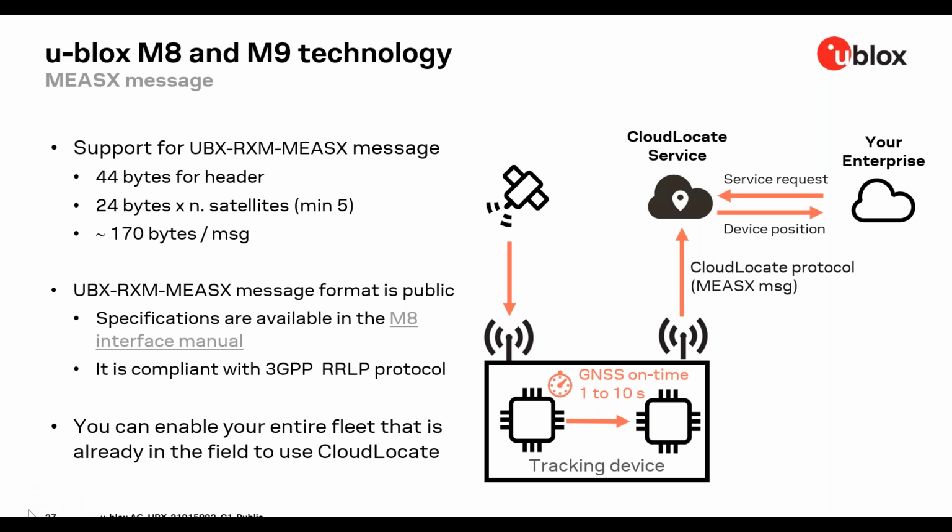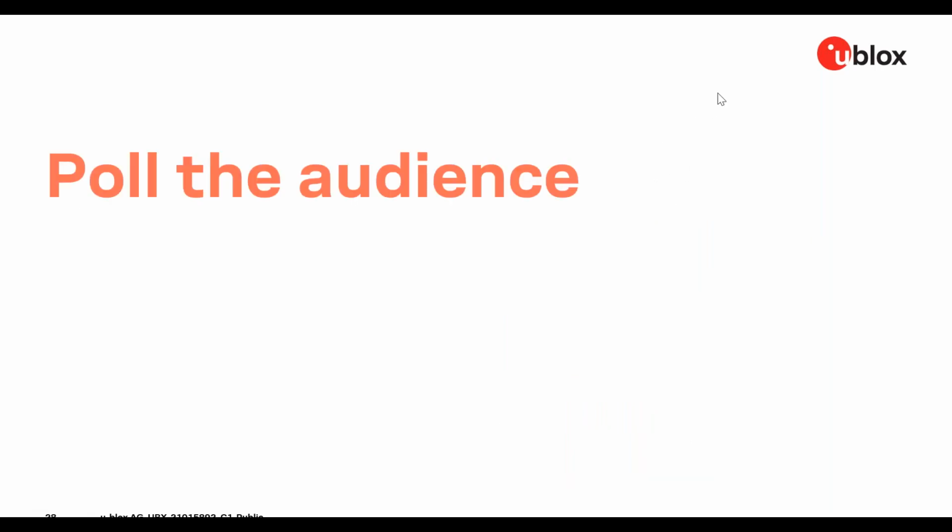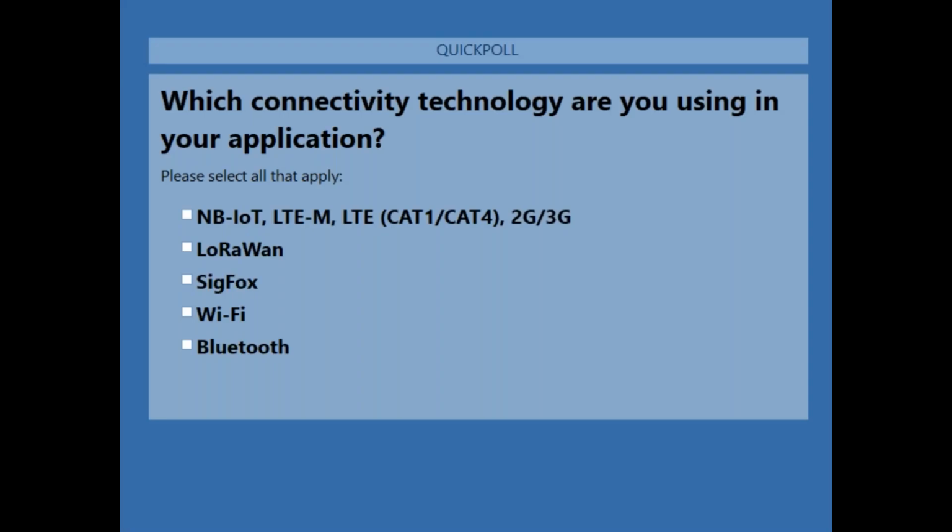We have the last poll now. Okay, great. The last poll, let me cue it up. Which connectivity technology or technologies are you using in your IoT application? Please select which you recognize here that you're using or desire to use. And we'll give a few moments remaining for the answers.